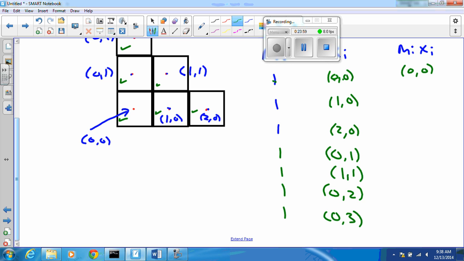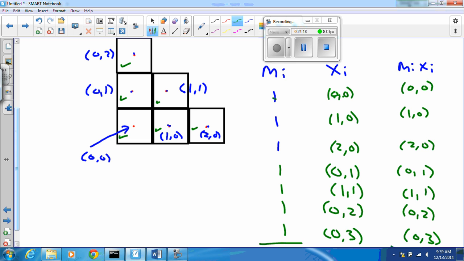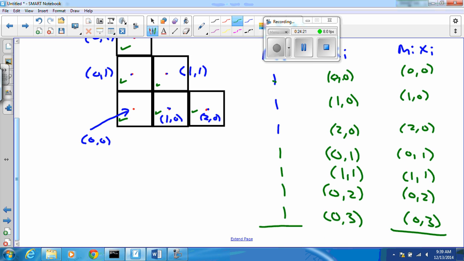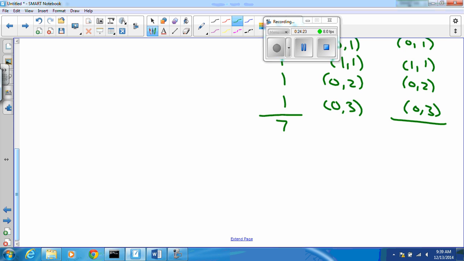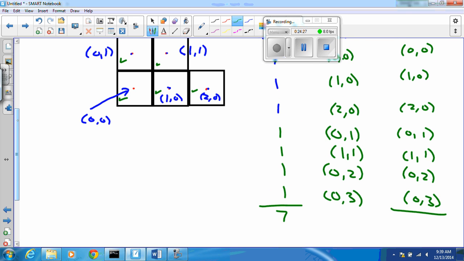And now we can do mass times position. Notice that the mass is a scalar, so it simply multiplies by both the components. We have 1 times 0, 0 gives me 0, 0. 1 times 1, 0 is 1, 0. 1 times 2, 0 is 2, 0. Then 0, 1, 1, 1, 0, 2, and 0, 3. And we're ready to add them all up.